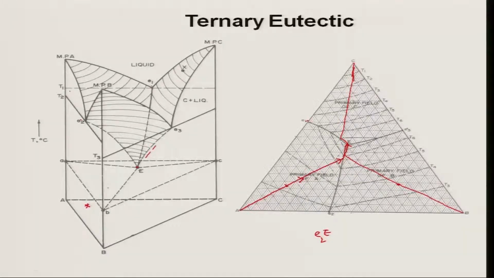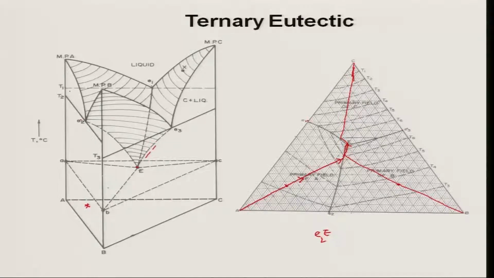And this will keep on crystallizing into these two phases, A and B in case of E2E, B and C in case of E3E, and C and A in case of E1E, and finally it will reach the point E where the ternary eutectic will form.